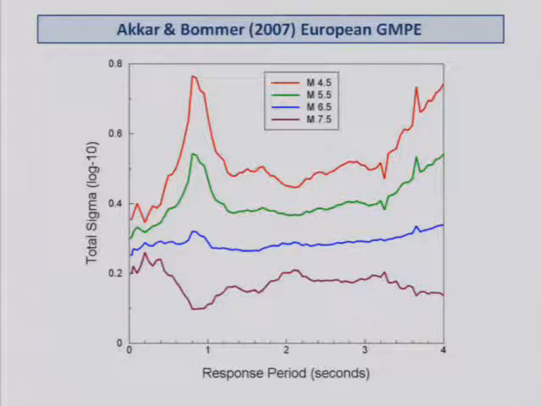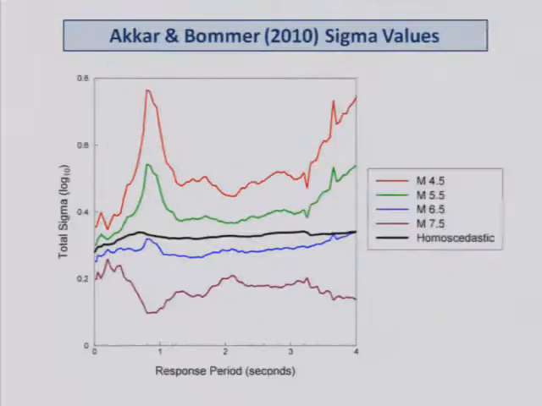You can't start running PSHA with those kinds of values. As a result, coming out next month, we have revised equations using exactly the same data set, but we've played it safe this time and gone back to a homoscedastic model, and we now have sigma values that don't look crazy, that we can live with, and that we can happily recommend people use.